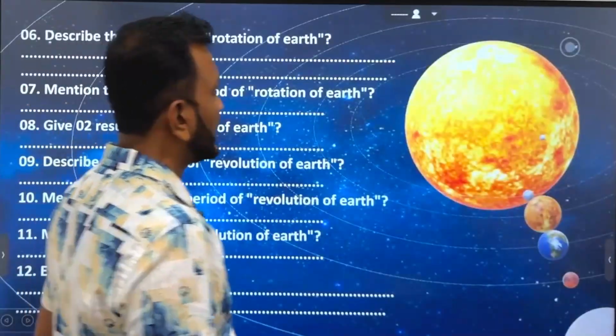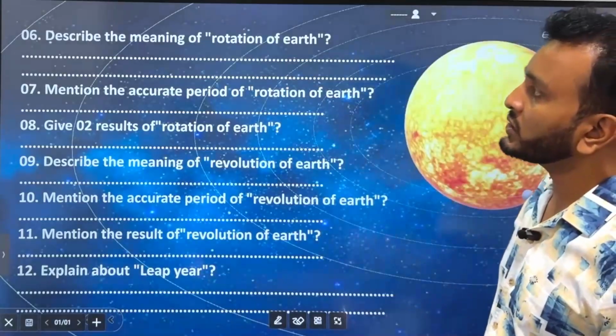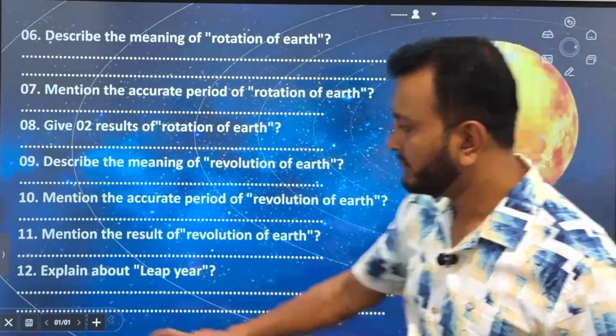Right. Then describe the meaning of rotation of the earth. Oh, opposite. Sorry.